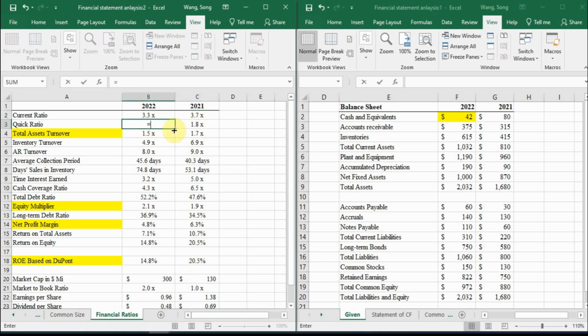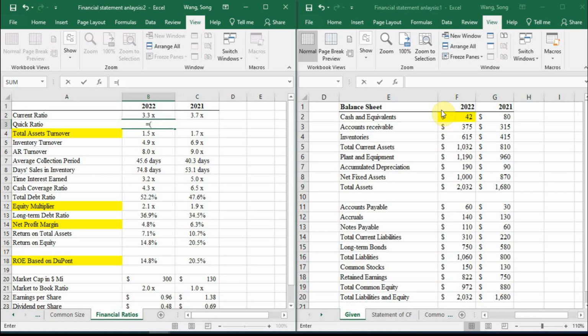For the quick ratio, it is current assets minus inventories divided by current liabilities. All right, as you can see, I hit 3 cells, and that's how I generate this quick ratio. And another way to do it is to use all the items excluding inventories within current assets.